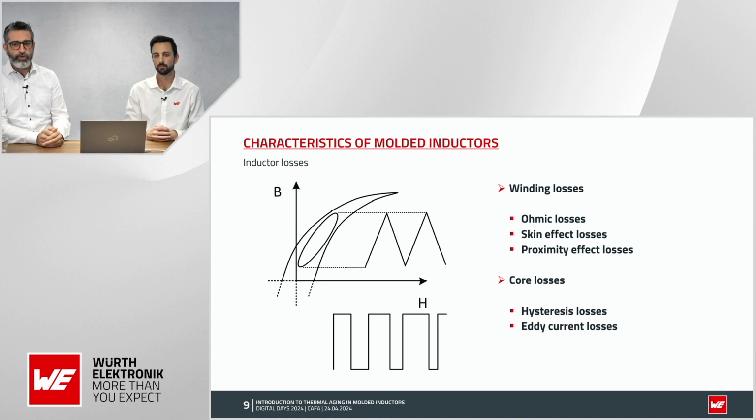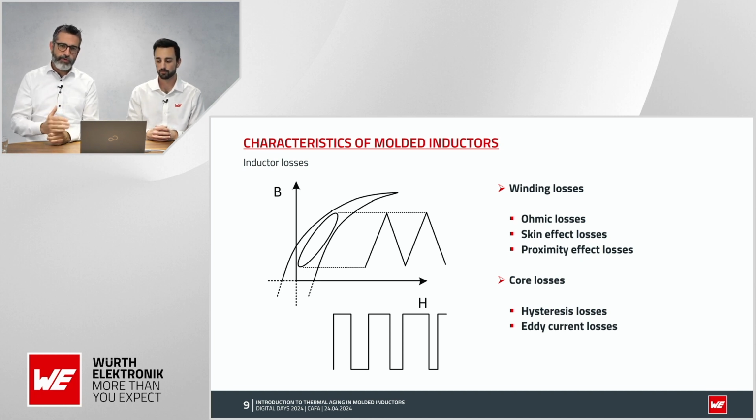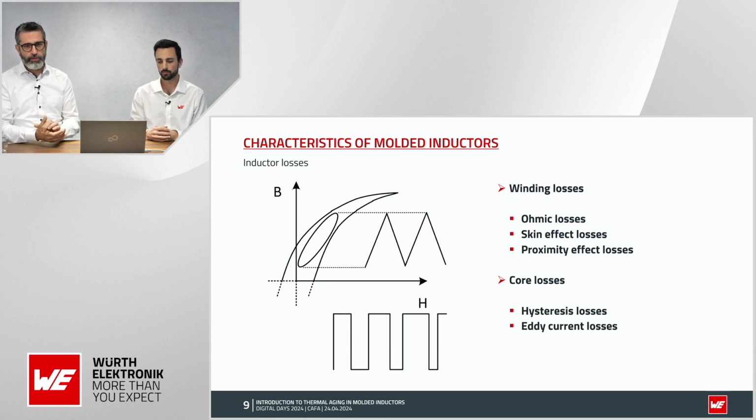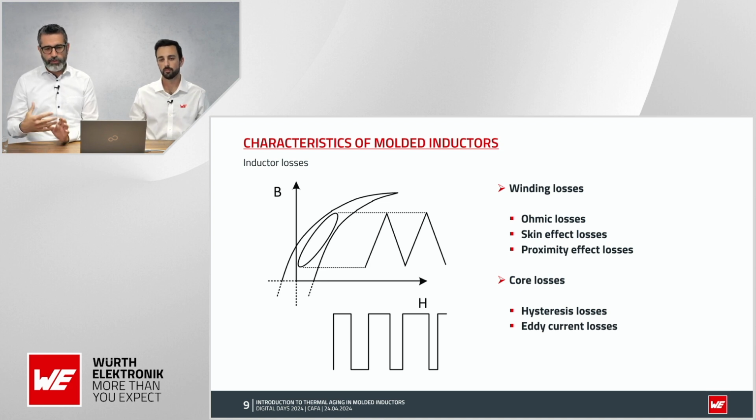Then we have the core losses, and the core losses are divided in two. The hysteresis losses, which depend on the different changes of the domain of the magnetic field, and ferrites are very good in that kind of losses.